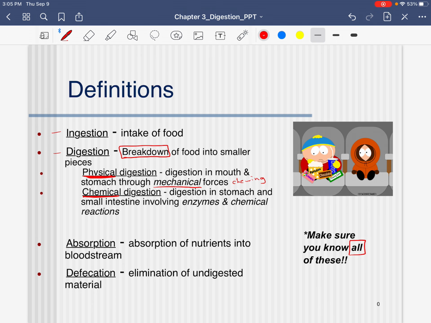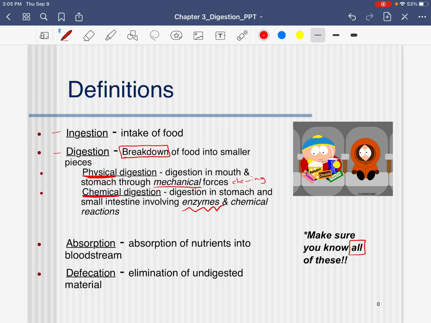Chewing is a mechanical force, and it helps to break the food down into smaller pieces. And anytime we perform chemical digestion, we are helping to break down foods through the use of enzymes. And ladies and gentlemen, we have to use both. We're utilizing both physical and chemical digestion.